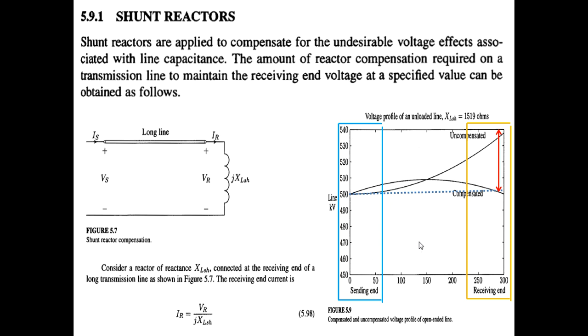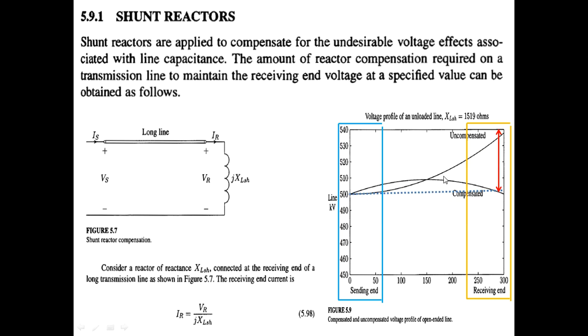So the shunt reactor, which is used for light loading, is shown in figure 5.7 and how it is connected to the transmission line, while IR is VR divided by the impedance of the shunt reactor. And it's very important to observe the effect of the compensation.